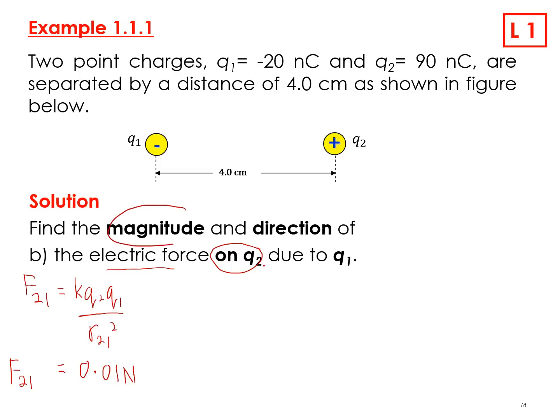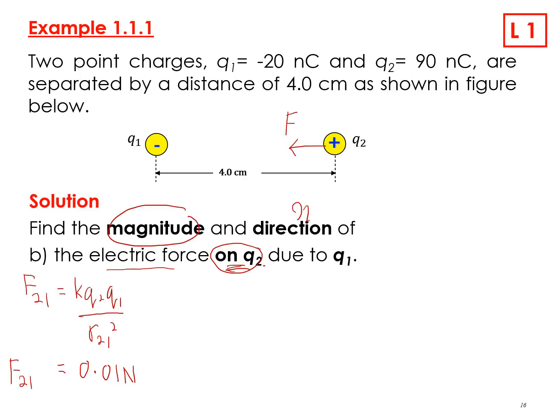So, that's the magnitude. How about the direction? Focus on Q2, therefore the direction comes from Q2. Q2 is a positive charge, the neighboring charge is a negative charge. So opposite charges will attract. Therefore, Q2 will be attracted to Q1.